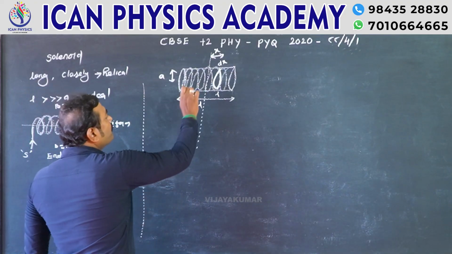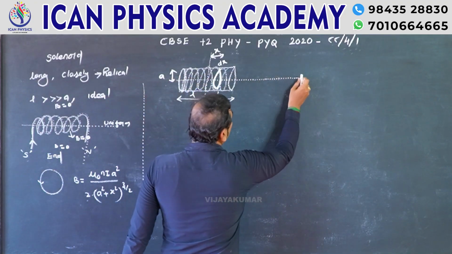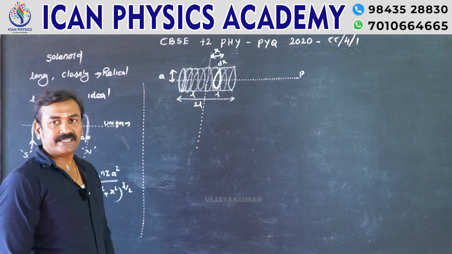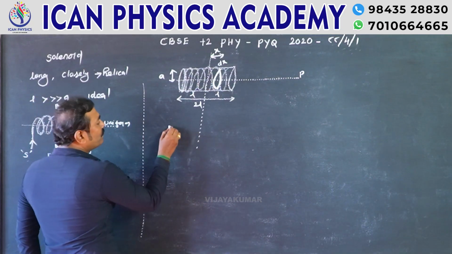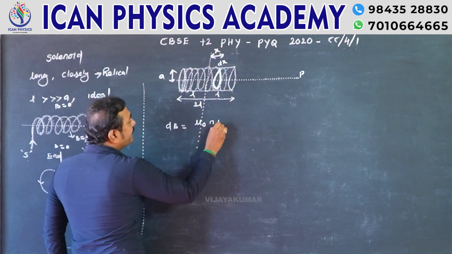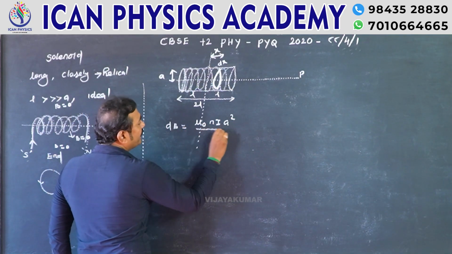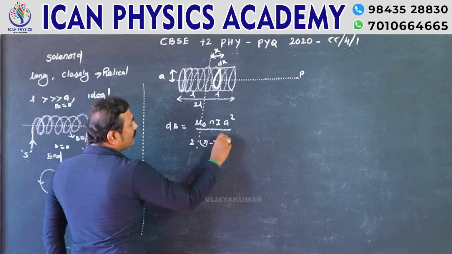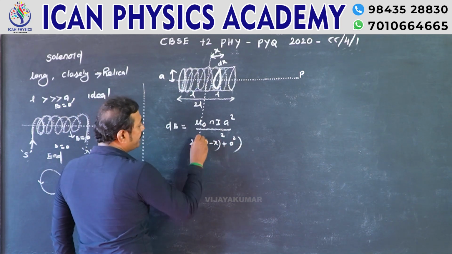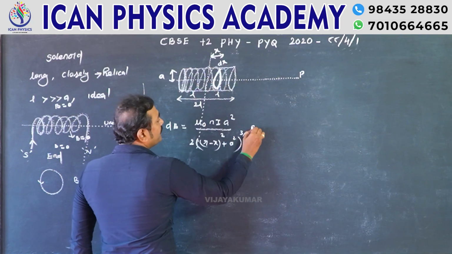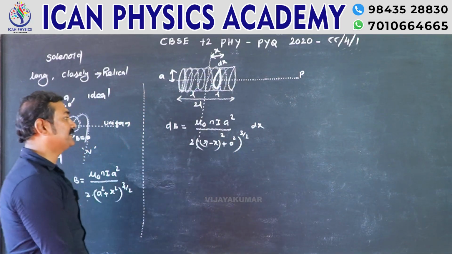Okay. So, at a point along the axis, at this point, I am going to calculate the magnetic field produced by the solenoid. Okay. So, what may be the expression? dB equal to mu naught N I A square divided by 2 into ((R minus X) the whole square plus A square) power 3 by 2, of the small element dx.